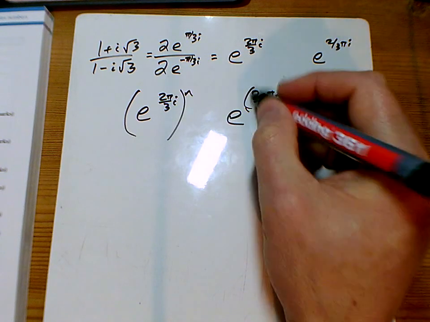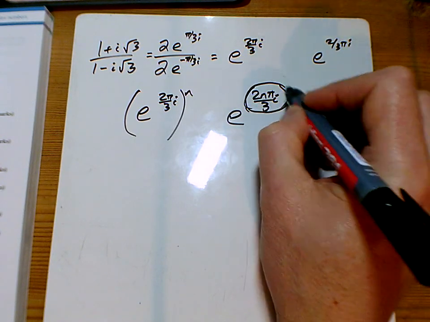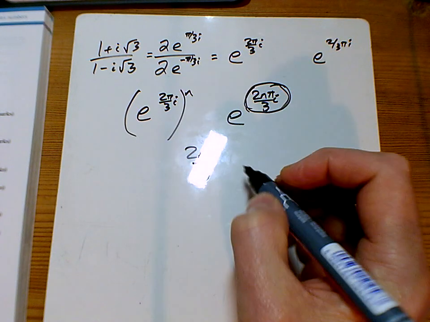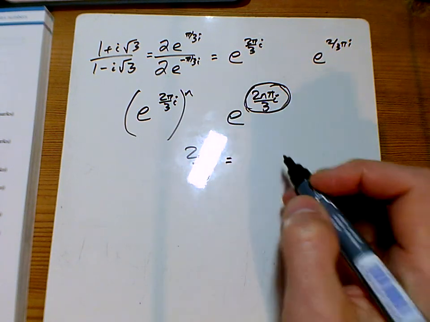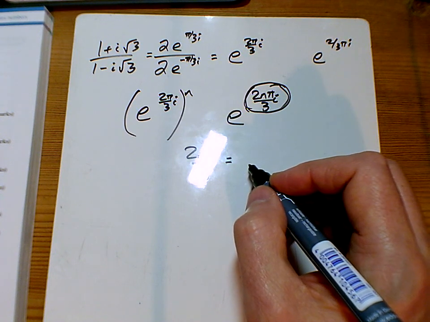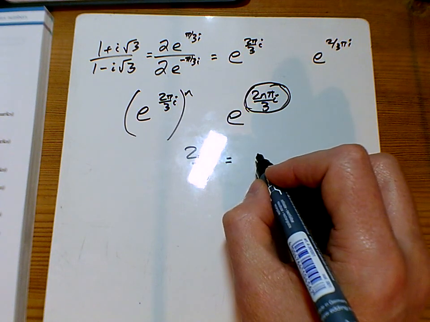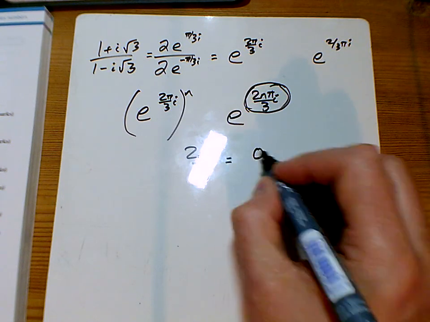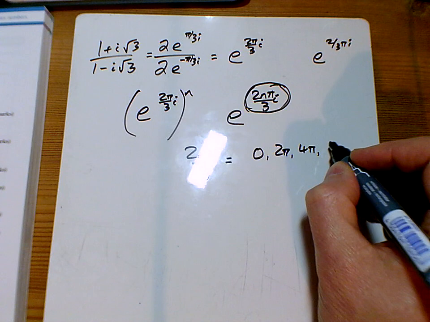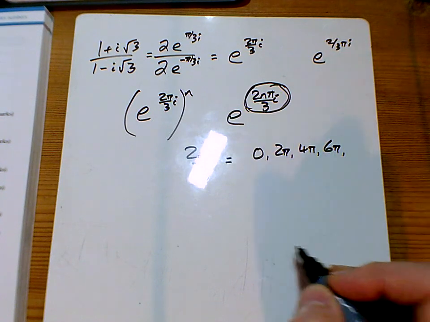And for that to be a real number, this angle here, 2n pi over 3, is going to need to be a multiple of pi. So it's just going to need to be 0 or 2 pi or 4 pi or 6 pi or anything like that, going round and round and round.